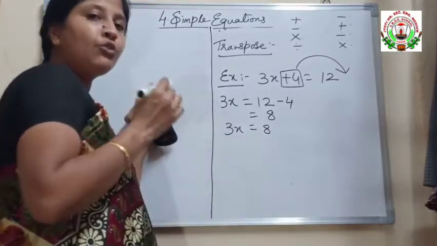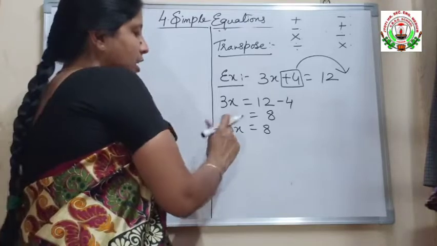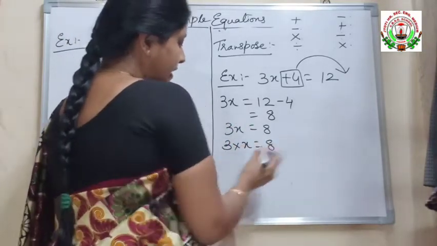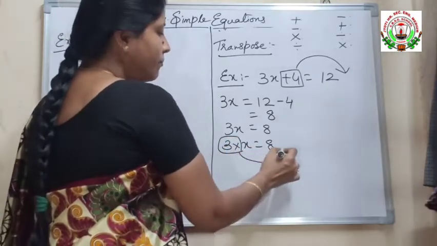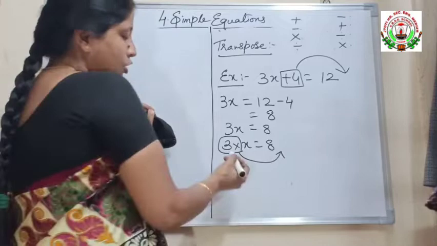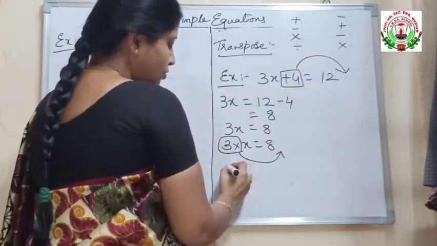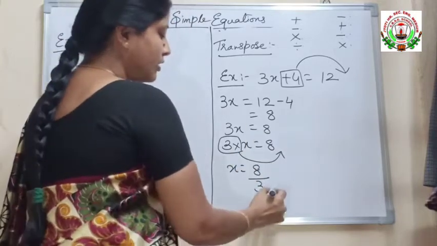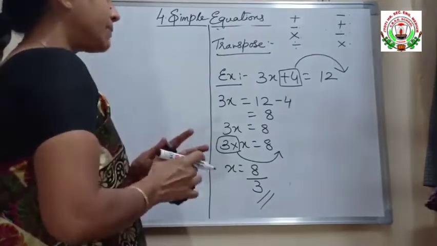I want to find the value of x, not 3x. 3x means 3 into x is 8. So I am going to transfer this 3 to the right hand side. Multiplication becomes divide. So x is equal to 8 divided by 3. This is your answer.